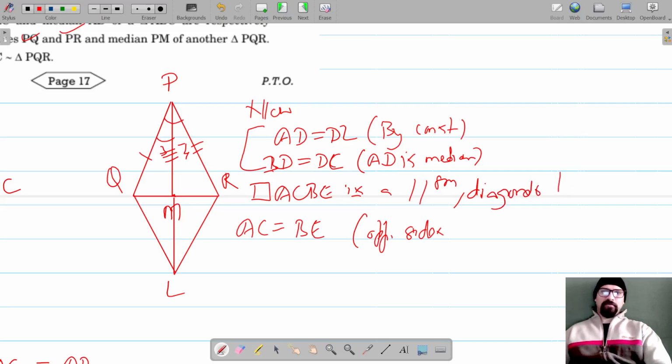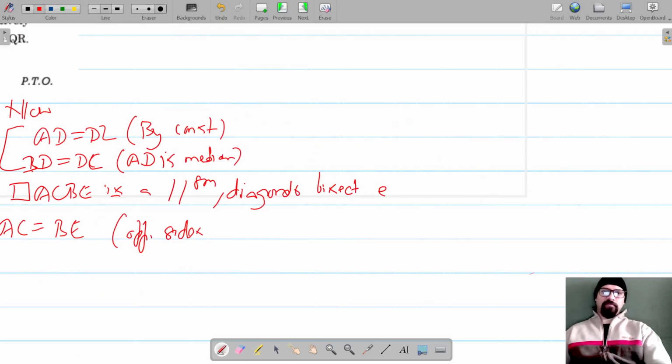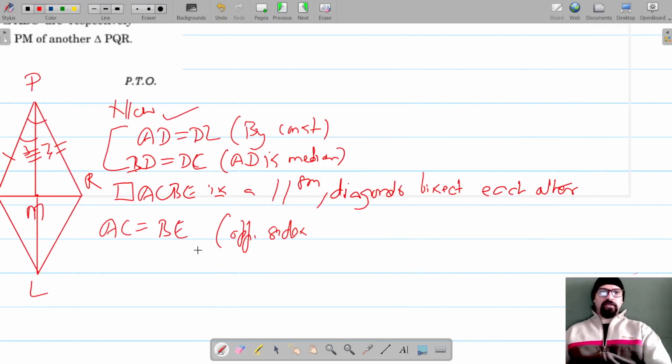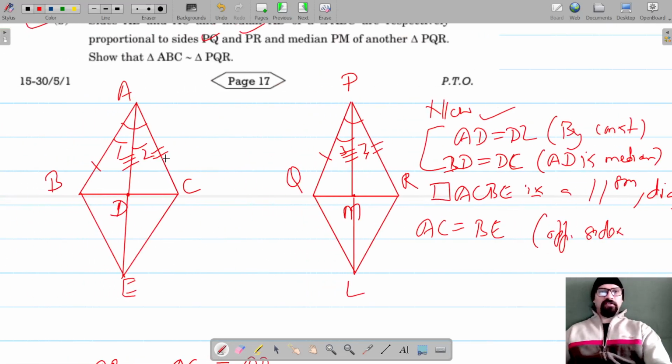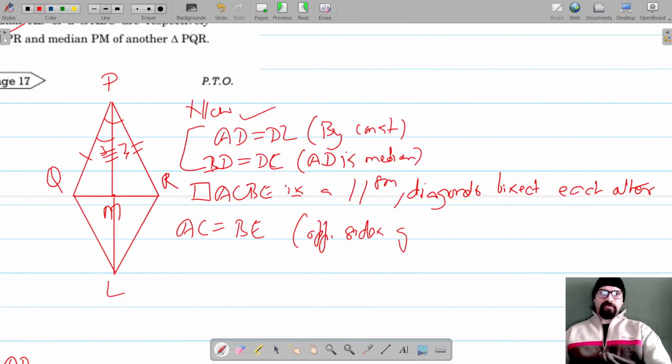If in a quadrilateral the diagonals bisect each other, then it is a parallelogram. So ACEB is a parallelogram, which means AC is equal to BE because the opposite sides of a parallelogram are equal.